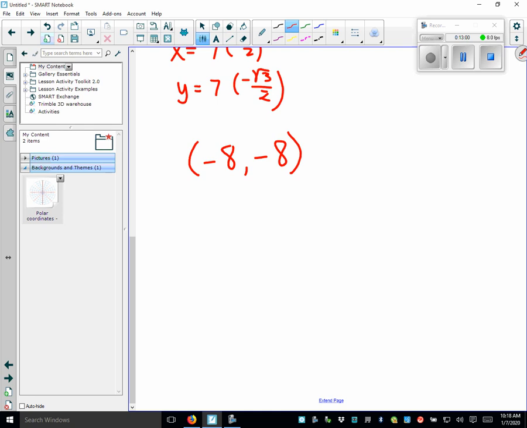Here's my rectangular. Now I need you to find the polar. Now, guys, what is R? So that's what it was. Yes. So what is that? No, by the polar coordinates. Okay.